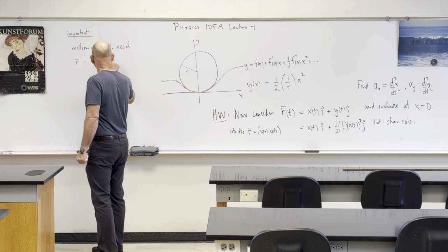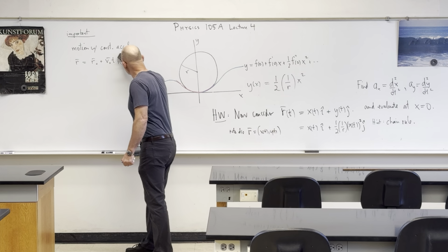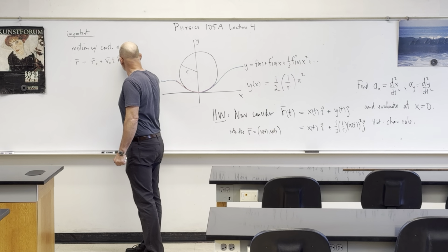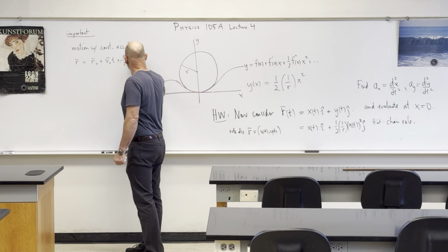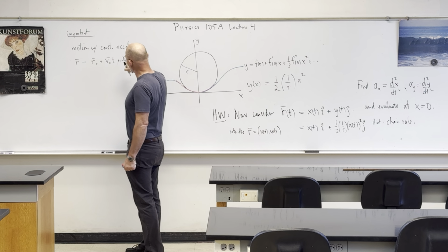r = r0 + v0 t + 1/2 a t squared. r0, v0, a are constants.